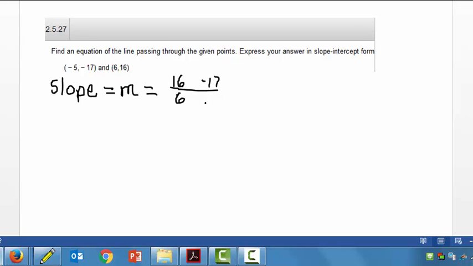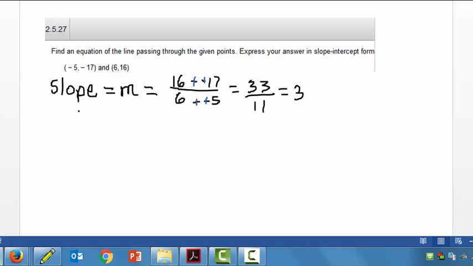So y goes in the numerator, x goes in the denominator, and then I subtract. So 16 minus a negative 17 is the same as 16 plus 17. 6 minus a negative 5 is the same as 6 plus a positive 5. So this is 33 over 11. That's our slope, and that simplifies to 3.